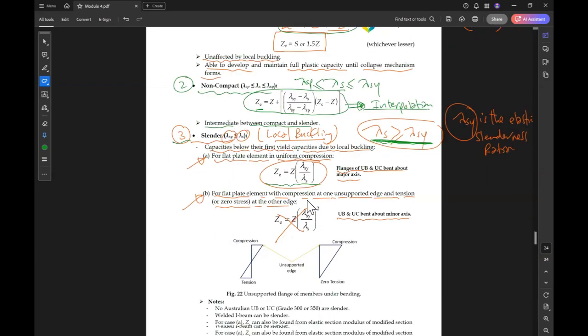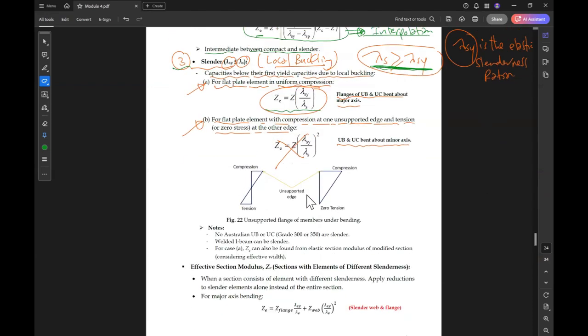So we have three cases of section classification based on lambda s, lambda sy and lambda sp. So we need to find these three. The first case, compact: lambda s less than lambda sp. The second is slender: lambda s more than lambda sy.